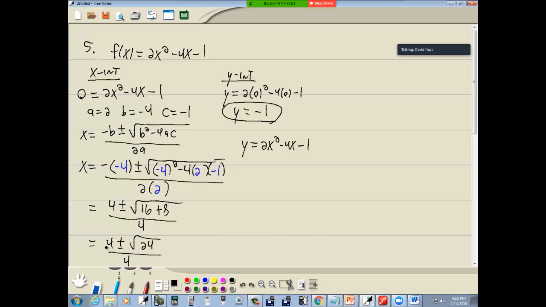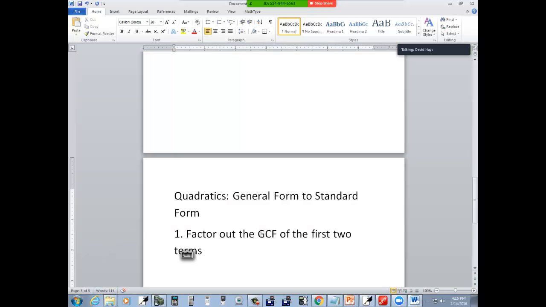Actually I shouldn't say the GCF, because it may not always be that way. Factor out the coefficient of the x squared from the first two terms.